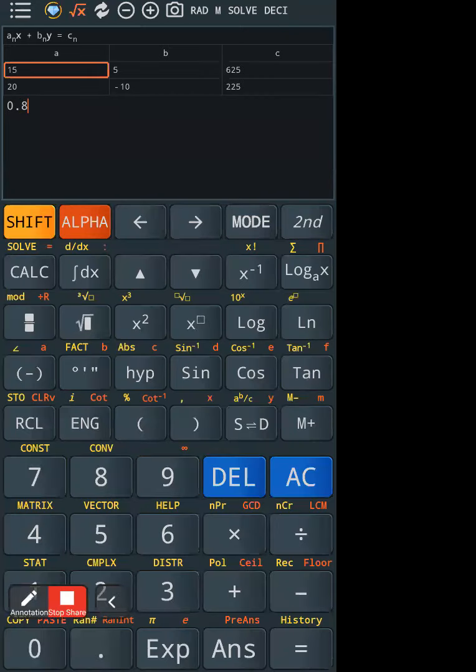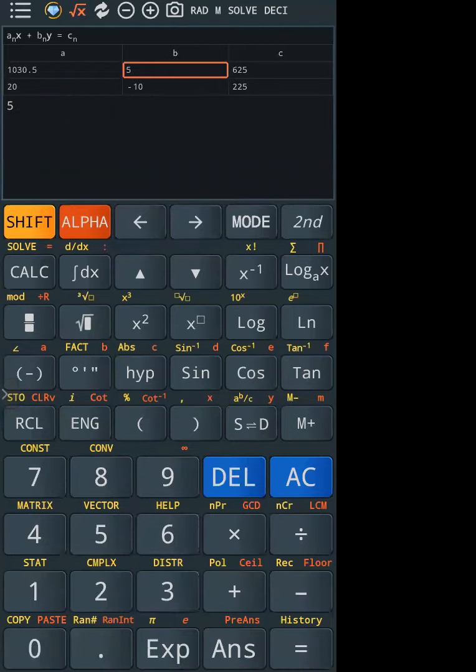This is 0.1832. This is to be multiplied by 5625. Then 0.1832 again is to be multiplied by 0, right?